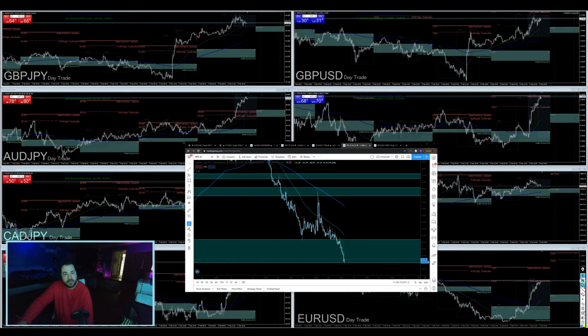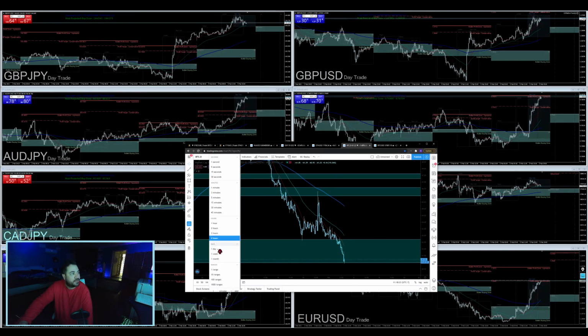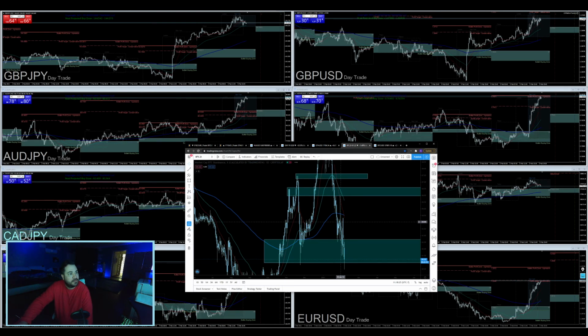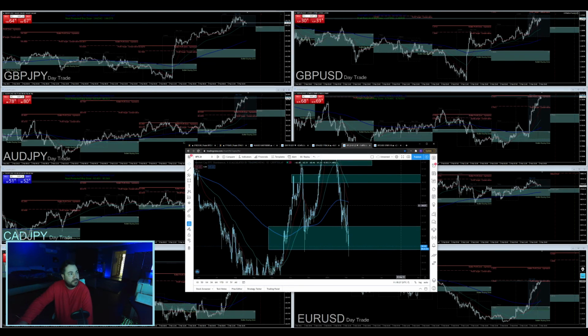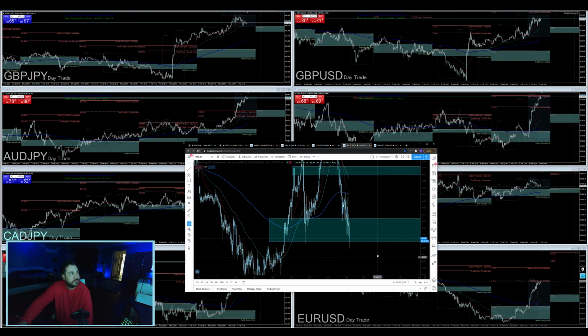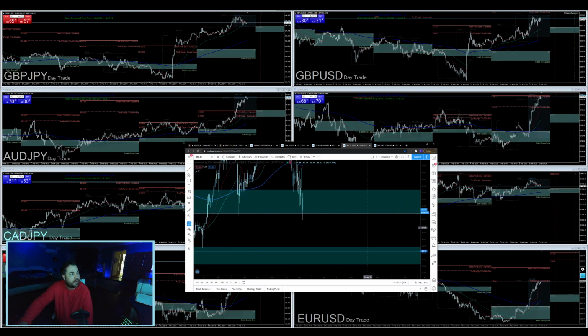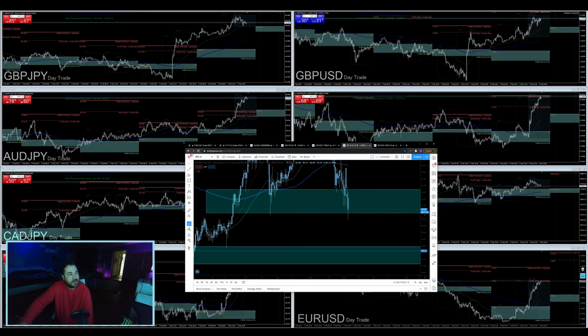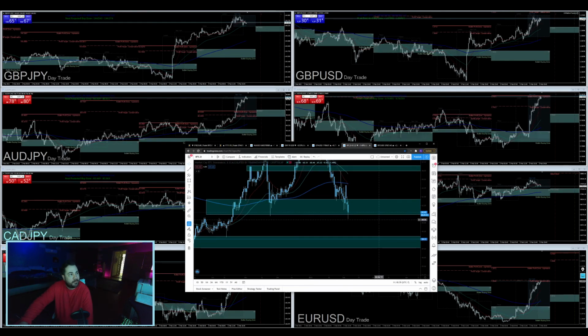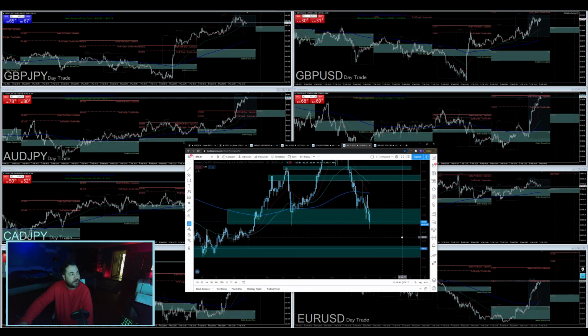All right, so let's take a look now at maybe like a daily chart. Okay, we'll keep an eye on this down here. But I think that we should be getting a bounce from that right there. I don't know why this moved.